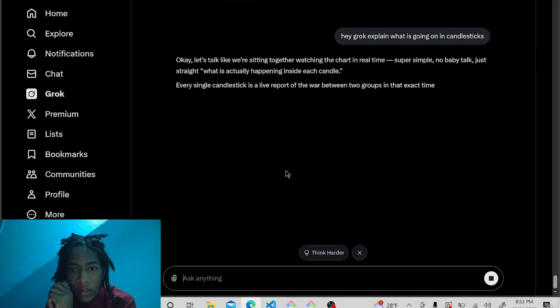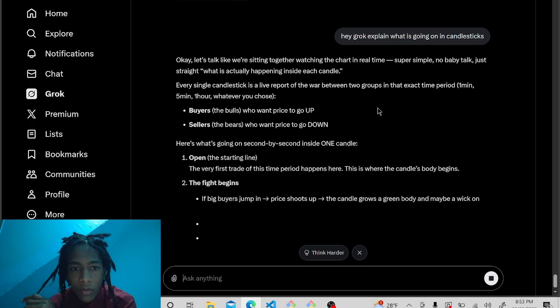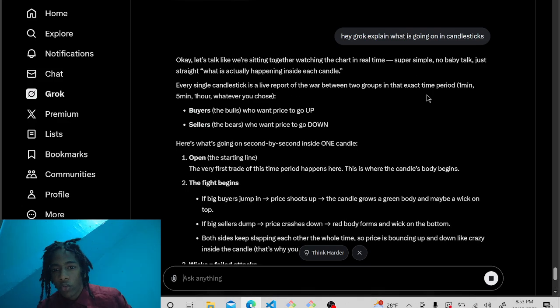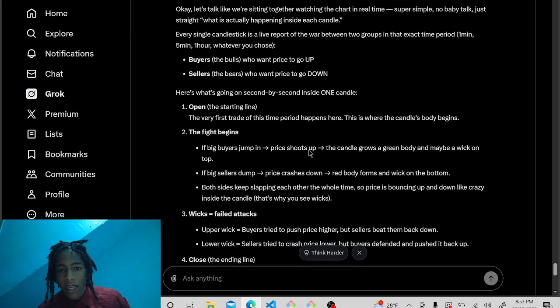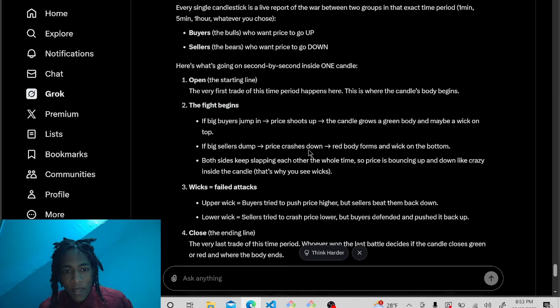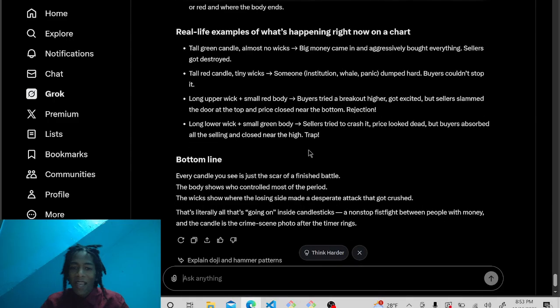Every single candlestick is a live report of the war between two groups in that exact same period: 1 minute, 5 minutes, 1 hour, whatever you choose. Buyers, the bulls, who want the price to go up. Sellers, the bears, who want the price to go down. Here's what's going on second by second inside one candle. Open is the starting line, the very first trade in this time period. This is where the candle's body begins. The fight begins. So it's transactions, buy and sell, okay? That's all it is. All in all, you got AI, man.